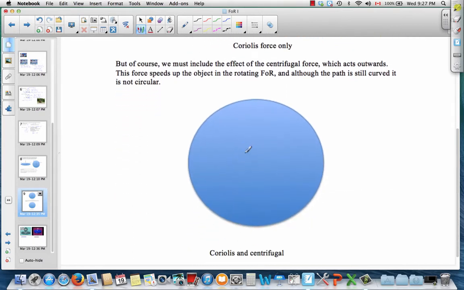So if we include then the centrifugal force, here's what happens. Okay, so your speed is like this. Our Coriolis force is in this direction, sideways. That's the F Coriolis. The centrifugal force is outwards.